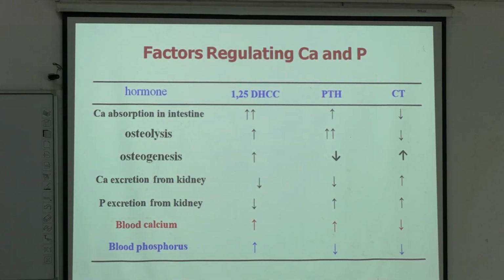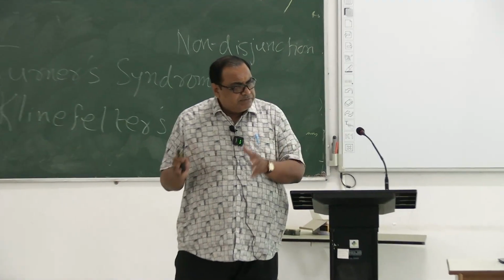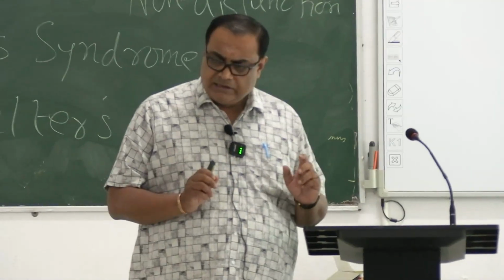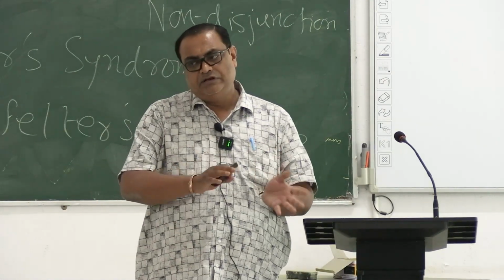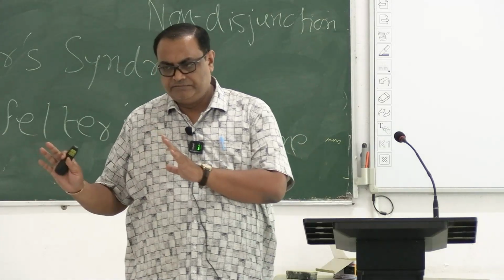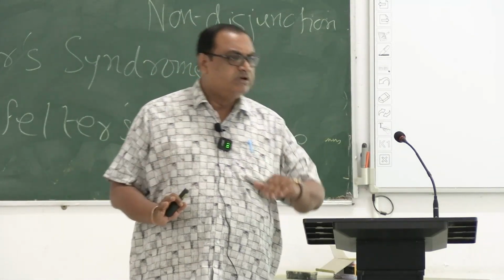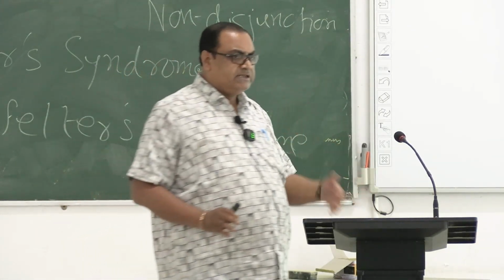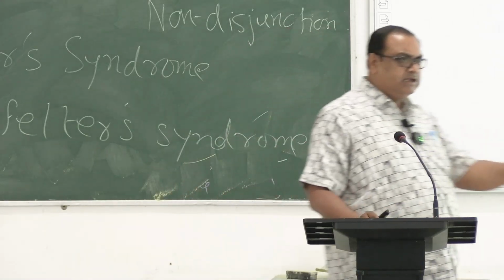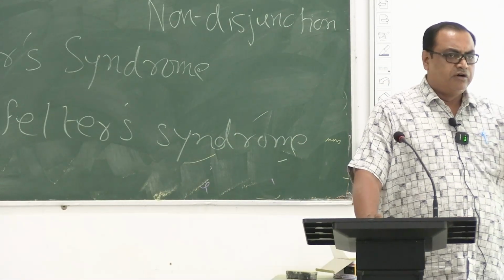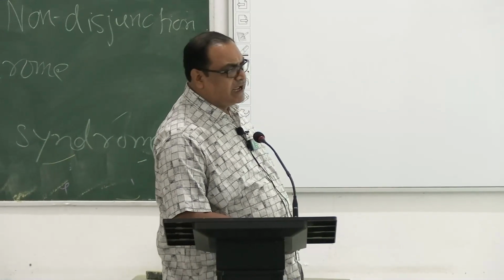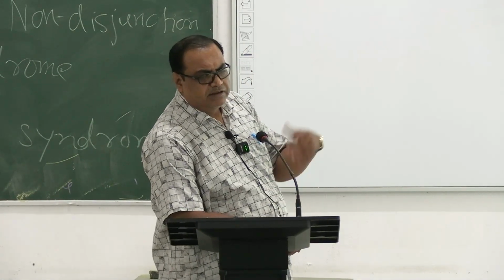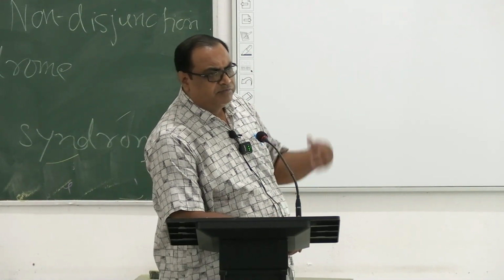Now, if the body requires calcium to be withdrawn, calcium is withdrawn from the bone. If the body requires calcium to be deposited, then it will deposit through osteoblasts. But the primary step is to convert the dead and senile cells into younger bone cells called osteoblasts.